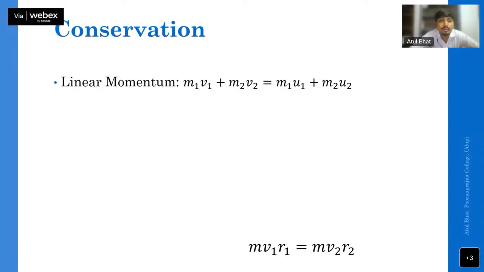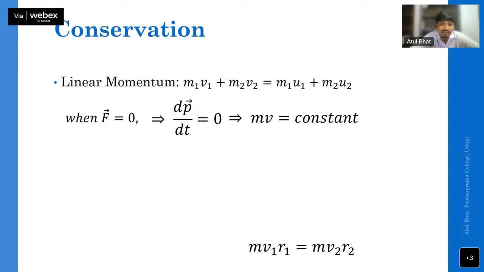Similarly, if I want to talk about angular momentum, is it conserved? Yes. But how do we get this? When you consider linear motion, you put F is equal to 0. Then from Newton's law, dp by dt is equal to 0 because dp by dt is equal to F. And p is equal to mv.